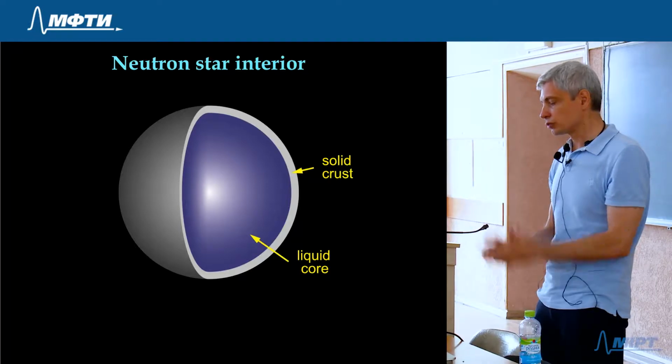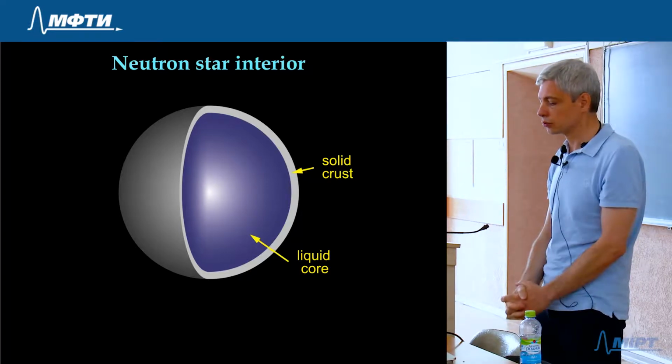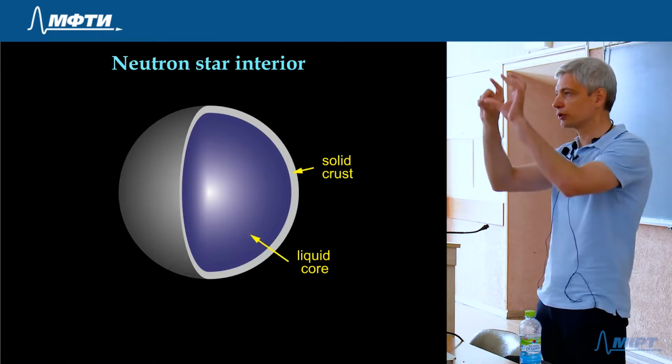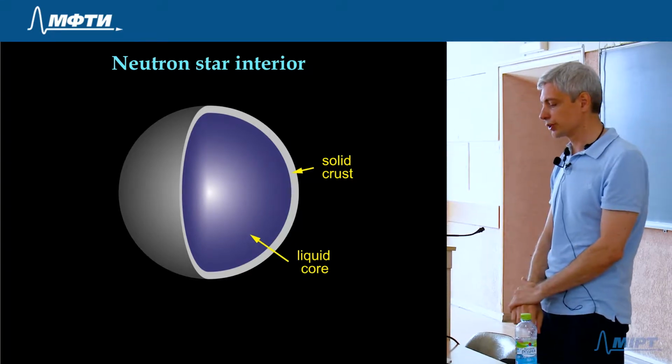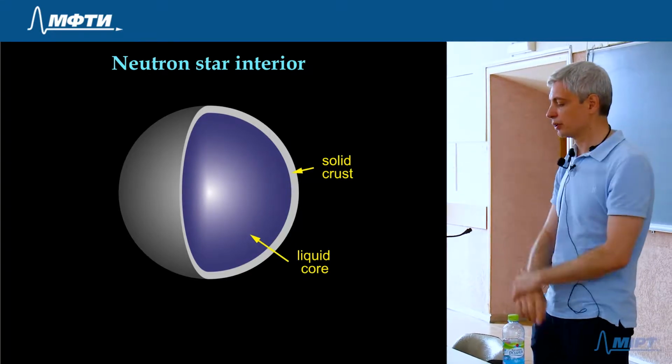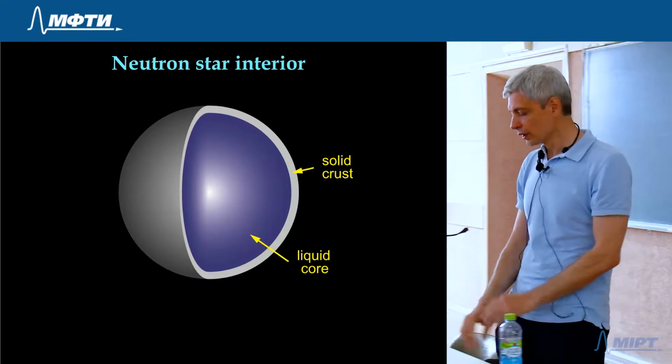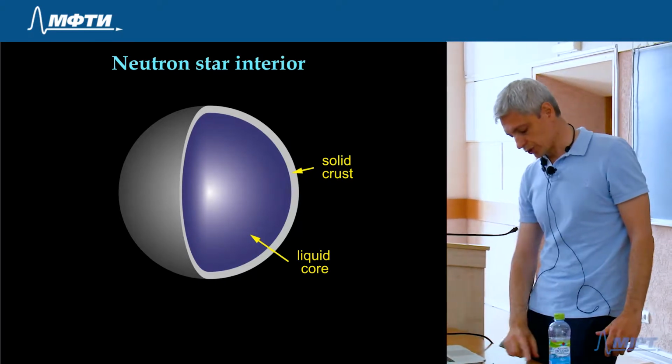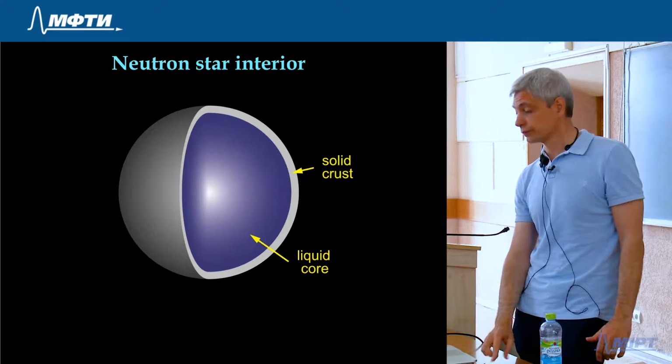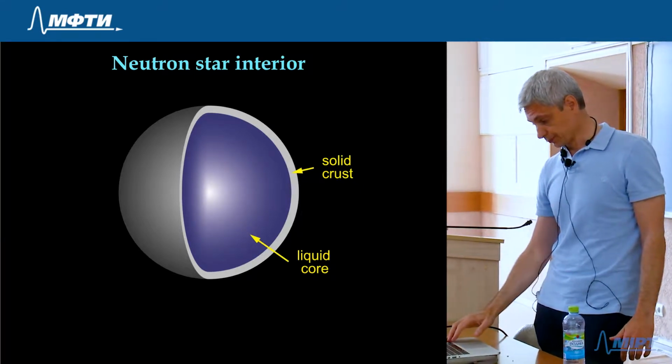So it's rigid material, like Coulomb lattice, mostly, except for the ocean on the surface, which is liquid, and the atmosphere above the ocean. So the heating source, in principle, could be anywhere inside the star.